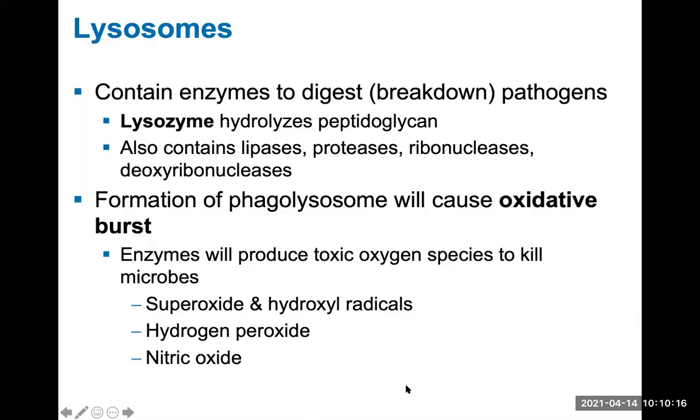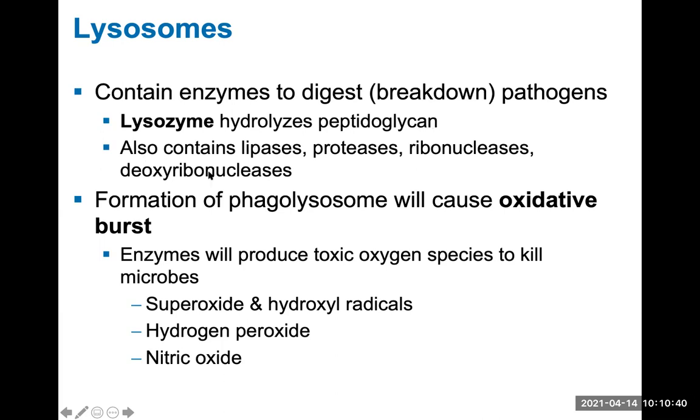Okay. So a little bit more detail about those lysosomes that fuse and lead to digestion and killing of the microbe. So you have lysozyme, which we talked about earlier in part 1, which hydrolyzes or breaks the bonds between NAG and NAM to break down peptidoglycan.